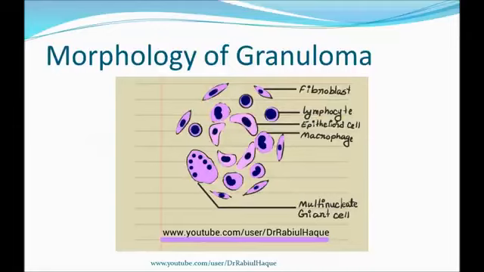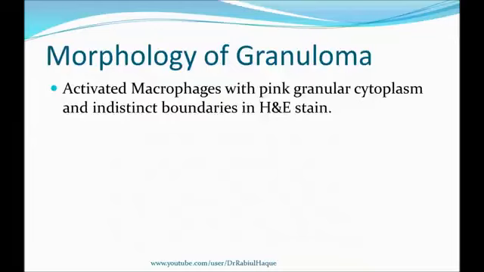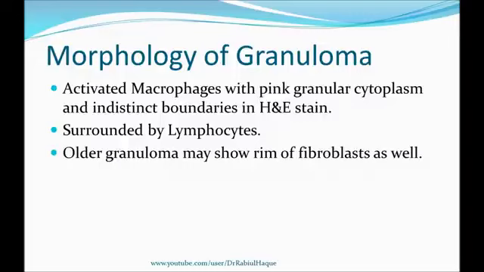The epithelioid macrophages or epithelioid cells will be surrounded by lymphocytes, and if the granuloma is older, then around those lymphocytes we may also see a narrow rim of fibroblasts and connective tissue. And frequently we can also see multinucleated giant cells in a granuloma. These giant cells will have 40 to 50 micrometer diameter, and they will have multiple nuclei.